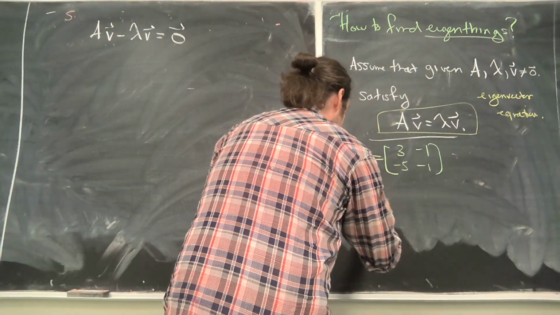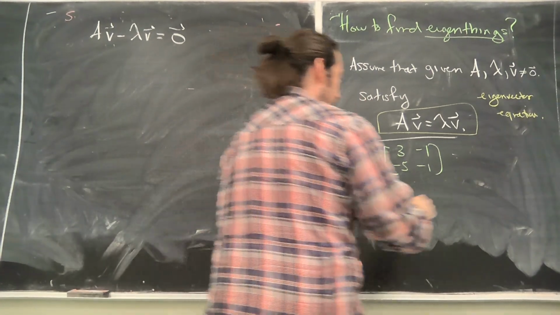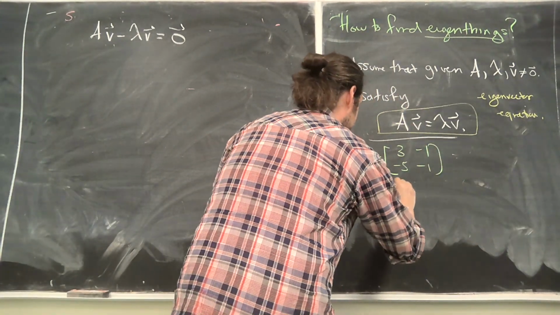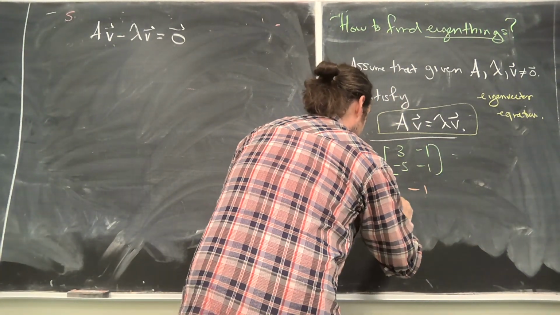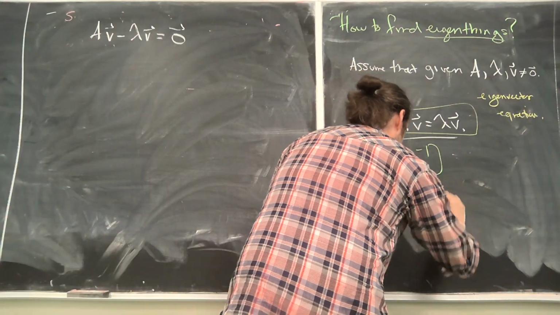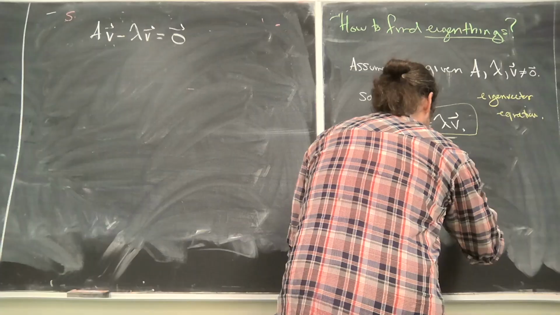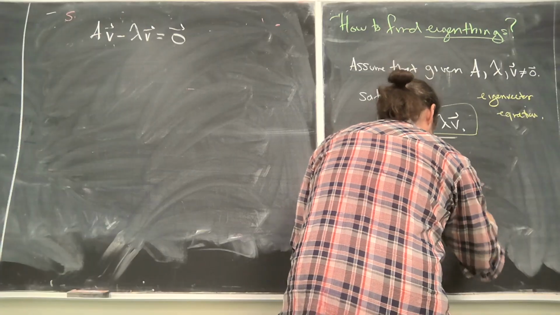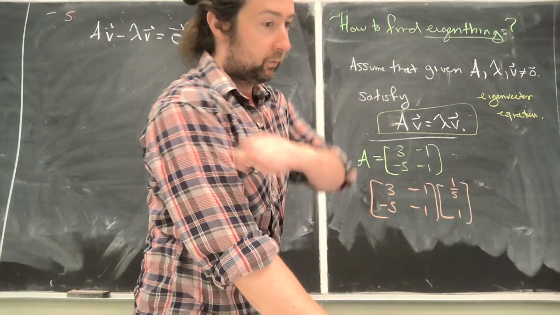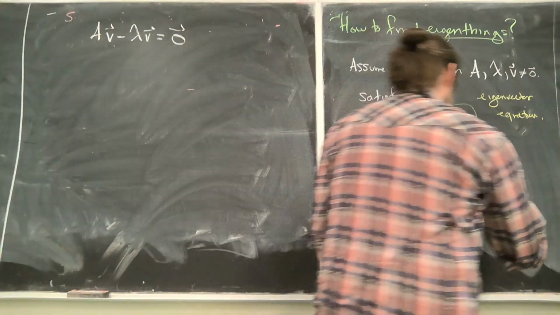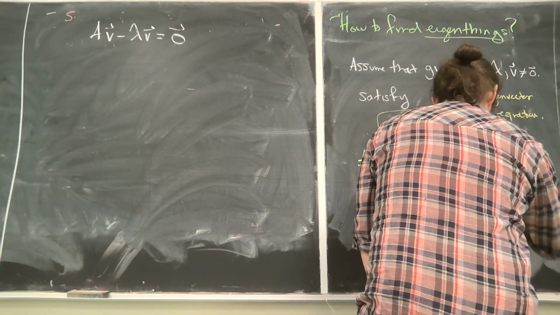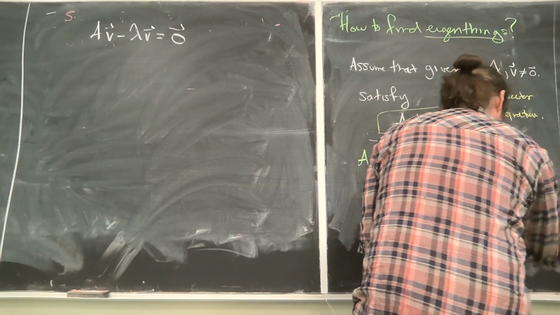So ultimately what we can show is that if I took this matrix and multiplied it by the vector [1, 5, 1], what you get out is negative 2 times the vector [1, 5, 1].